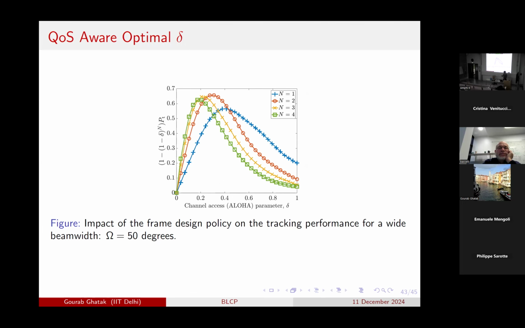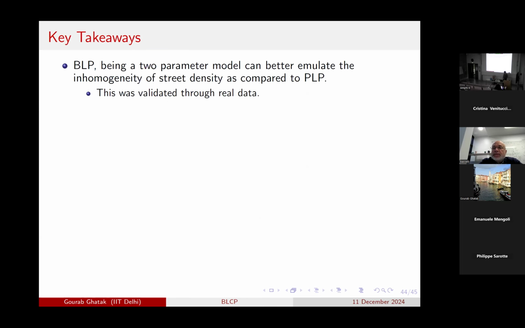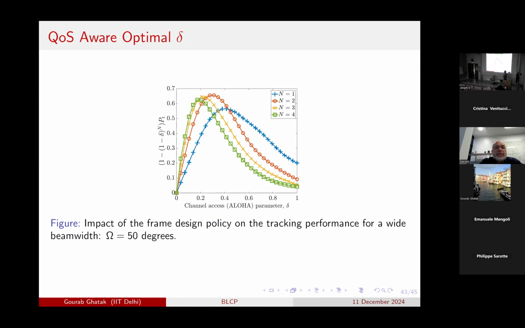The sizes of the blocks shrink so that there are 2 blocks now, and you appropriately tune the aloha parameter such that in each of these blocks you have reduced interference. But now you just want access in only one of those blocks. It's fine if I get access in only one of those blocks and I am successful. With a lower value of nu, you can also have more blocks basically. But in order of magnitude, on your y-axis, real systems, I think, should be very close to 1.